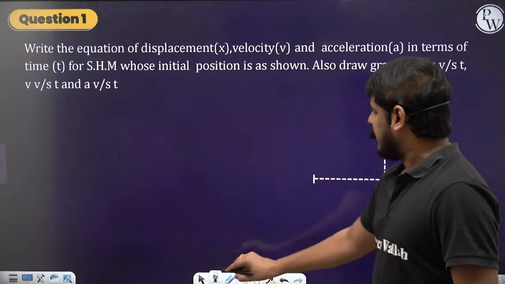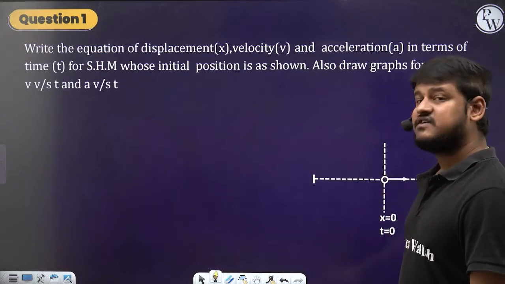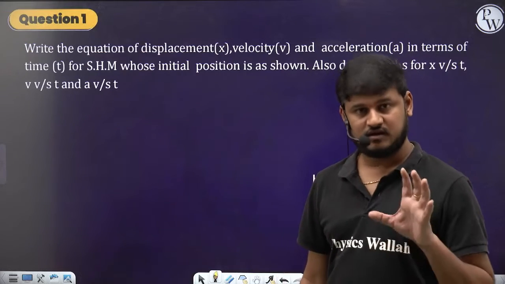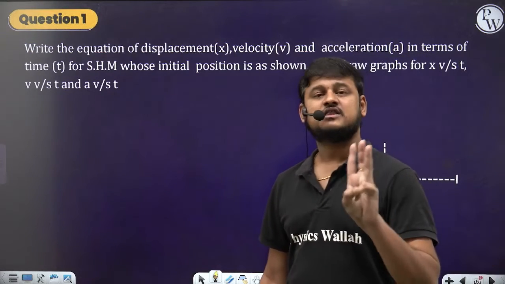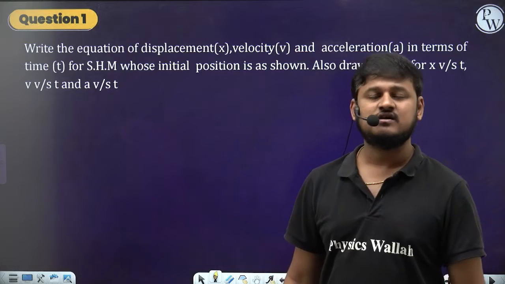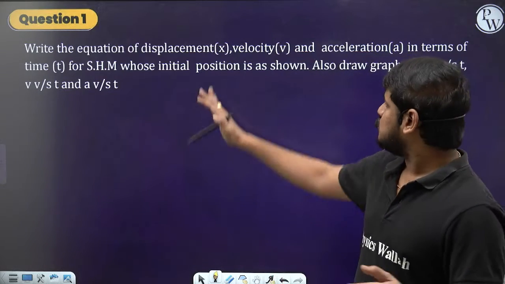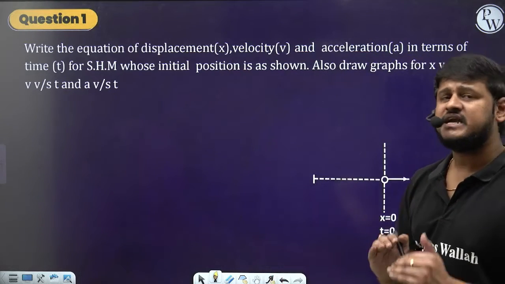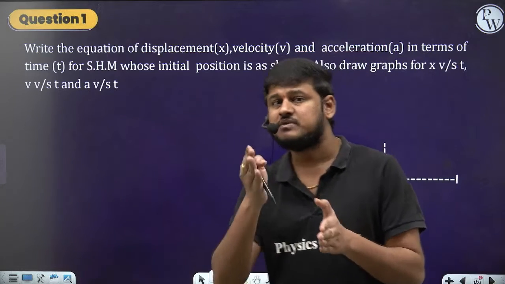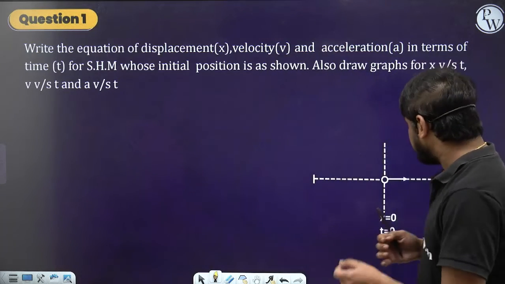Now I'll derive the equations for the S.H.M, which are the displacement, the velocity and acceleration of the simple harmonic motion. There will be different equations if the body starts from different positions. Let me simplify.